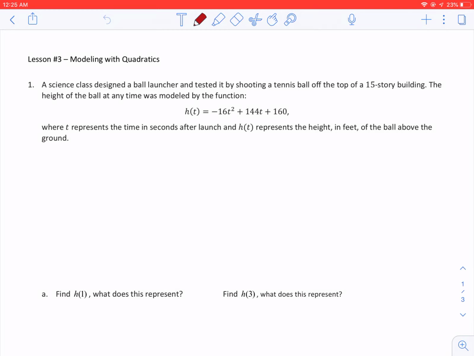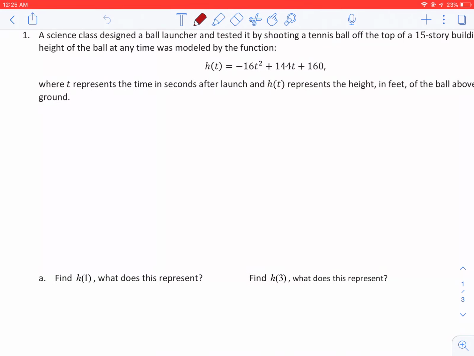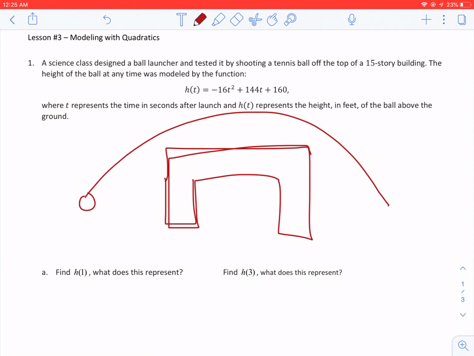We're going to be modeling with quadratics today. I don't know if you remember, but in class one day, I drew a ball or something over my desk. And we were all amazed because that thing I drew followed the perfect path of a parabola.